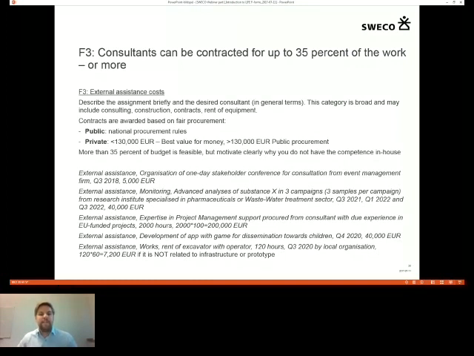If the contract is 130,000 euros or more, you need to apply public procurement rules, even if you are a private organization. This is quite strange, but this is how it works in the LIFE project.